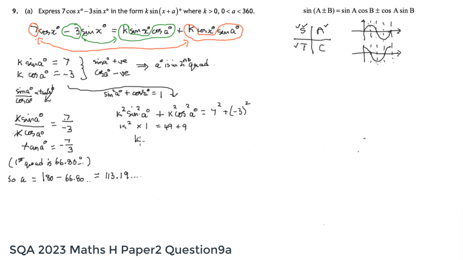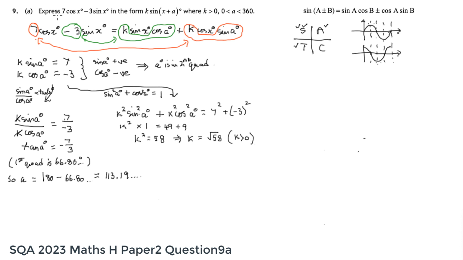So k squared is 58, and therefore k will be the square root of 58. Now normally you get a negative in there, but remember we're told k is positive, so we don't need to bother about a negative value.